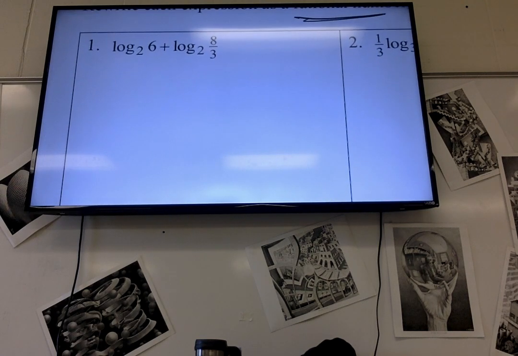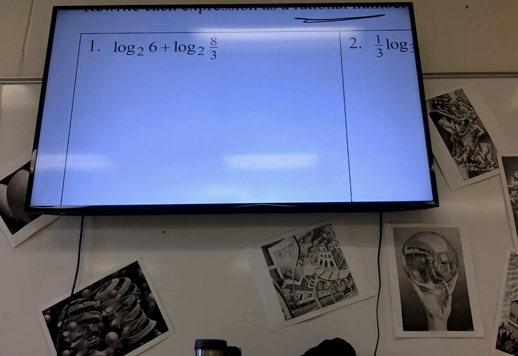She's like that. Okay. So on number 1, notice you have two logs with the same base that are added. So we can rewrite that as a log. But what do I do with those arguments? What we're taking the logs of? Multiply them. There you go. It's multiplication.